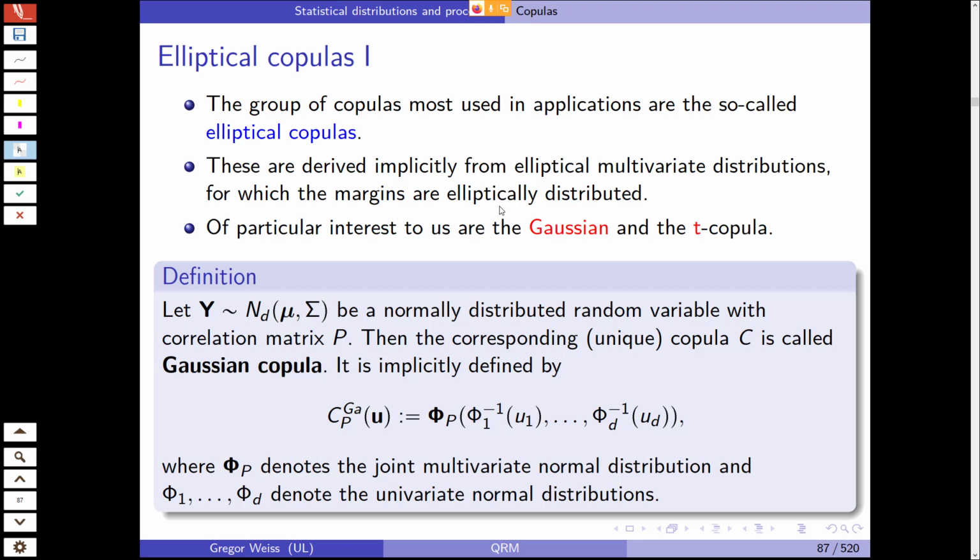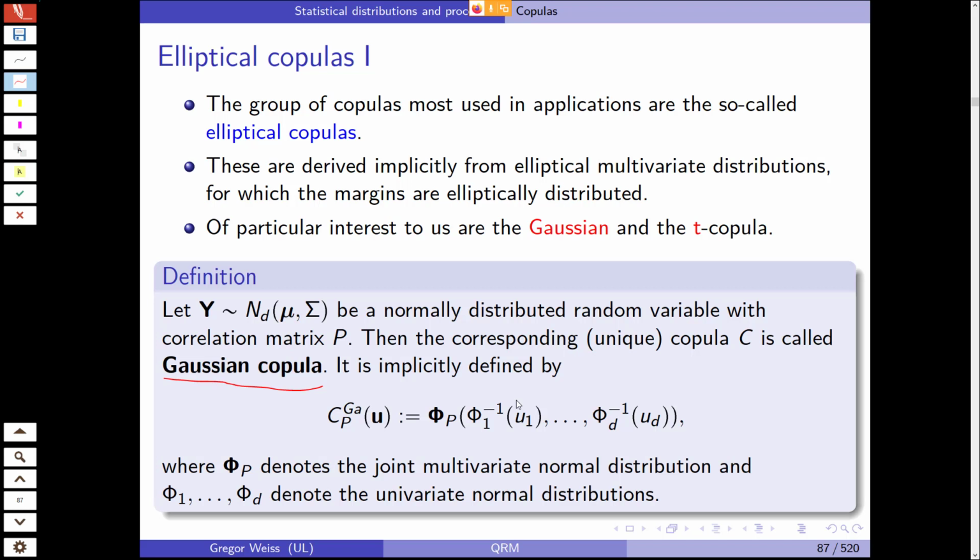The two that are of most interest to us are the Gaussian and the t-copula. So let's take a random vector Y, which is d-dimensionally normally distributed with expected value vector mu and covariance matrix sigma. Then the corresponding unique copula is called the Gaussian or the normal copula.